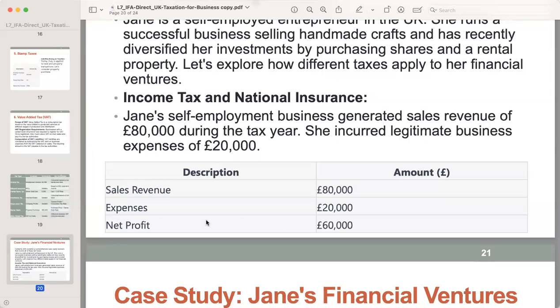So explore the various tax implications of her endeavors, income tax and National Insurance. Jane's self-employment business recorded sales revenue of 80,000 during the tax year, while her legitimate business expenses amount to 20,000 pounds. This leaves her with a net profit of 60,000 pounds.